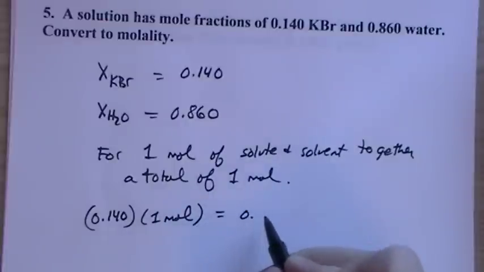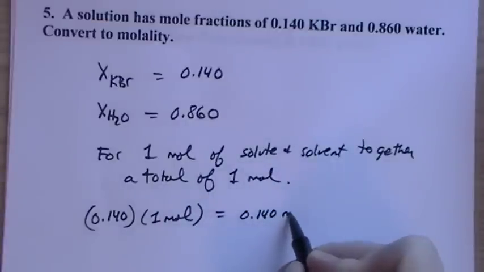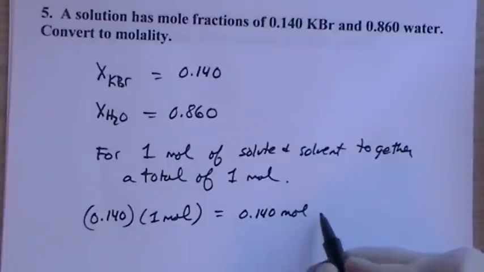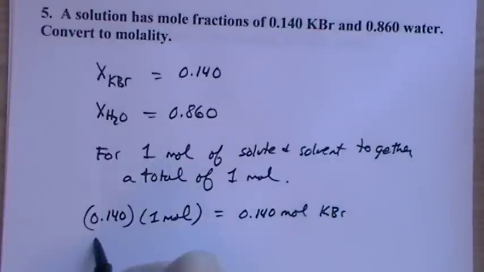Then that means in that 1 mole of KBr and water together, we should have 0.140 moles of KBr and 0.86 moles of water.